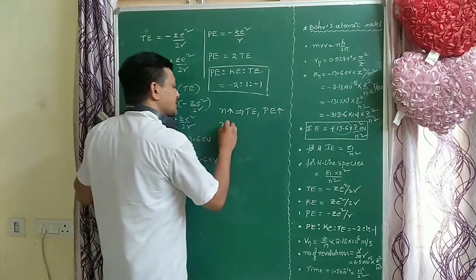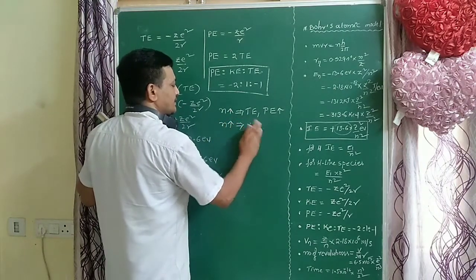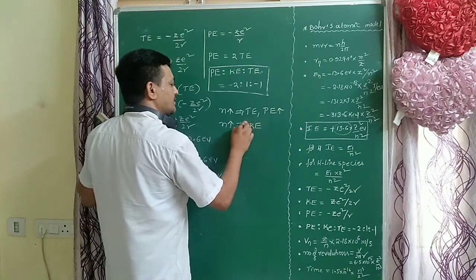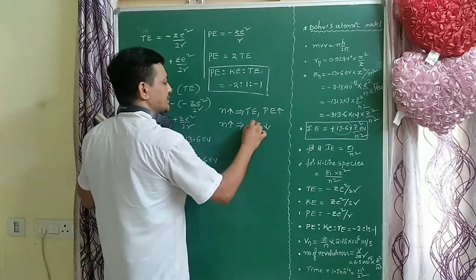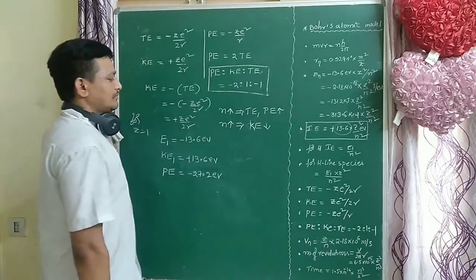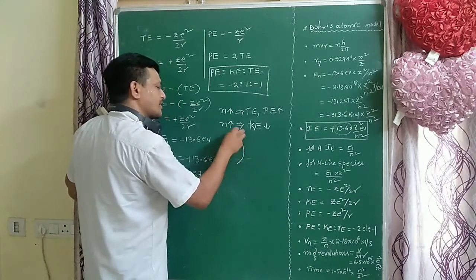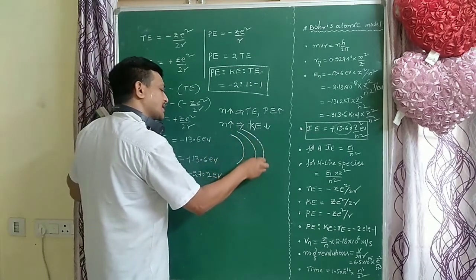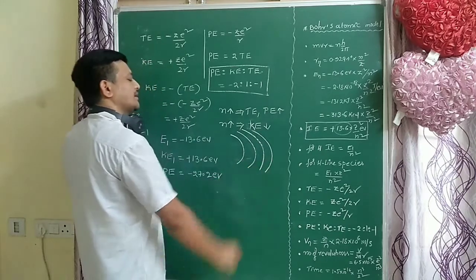As the n value increases, kinetic energy decreases. When comparing the first and second orbits, first orbit kinetic energy is more than second orbit kinetic energy, and second orbit kinetic energy is more than third orbit kinetic energy.